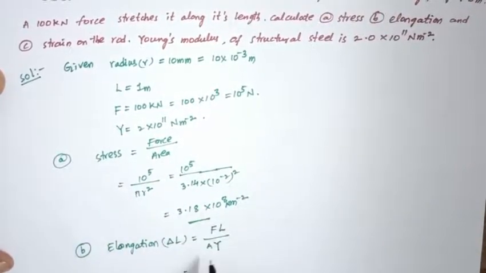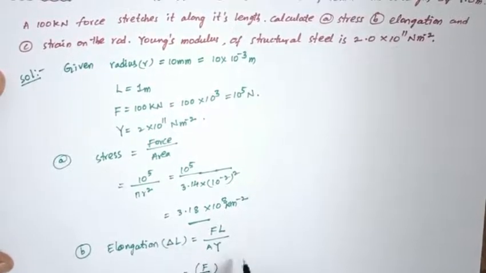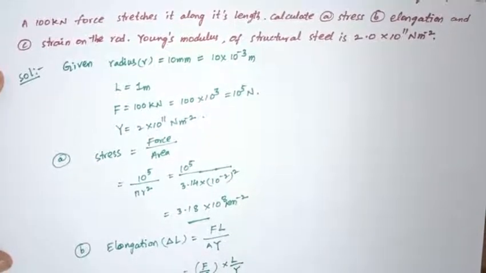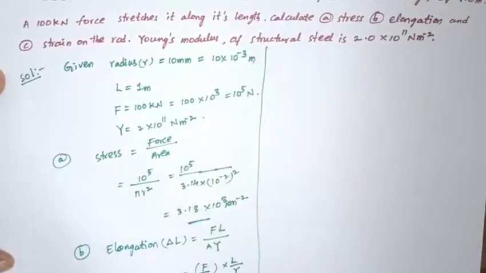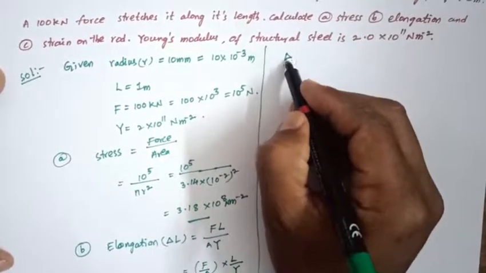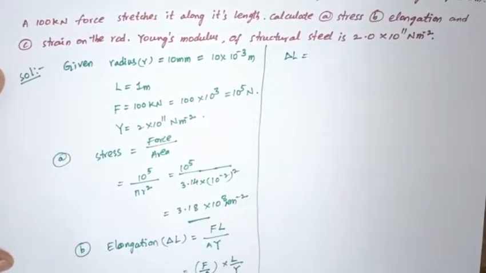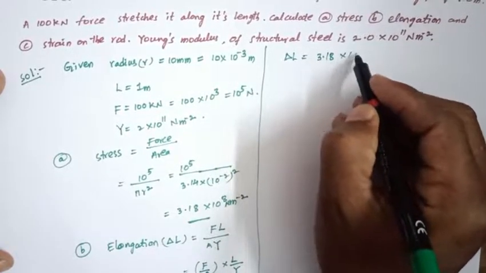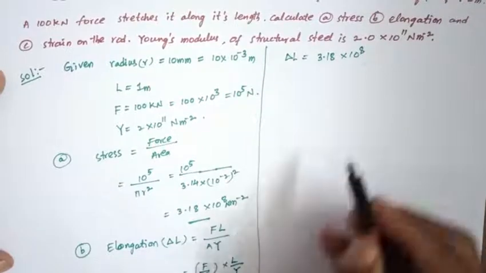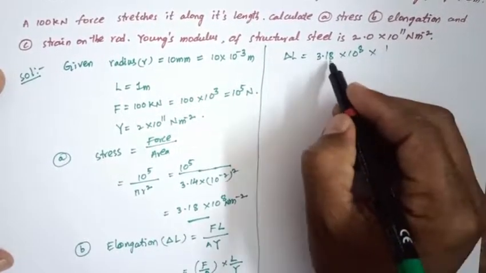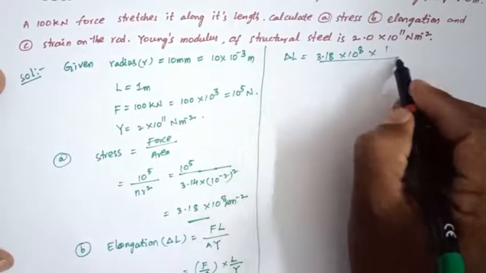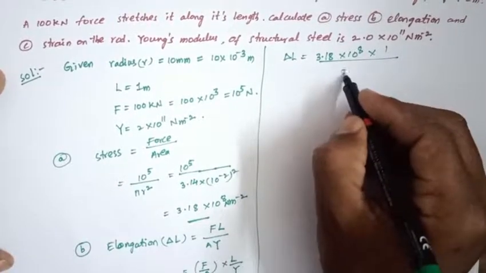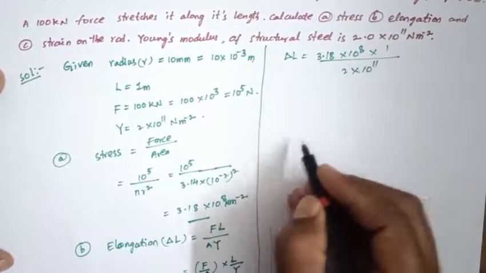We know that force by area is F by A, into L by Y. So here delta L equals F by A, which is the stress 3.18 into 10 power 8, into length 1, divided by Y equals 2 into 10 to the power of 11.